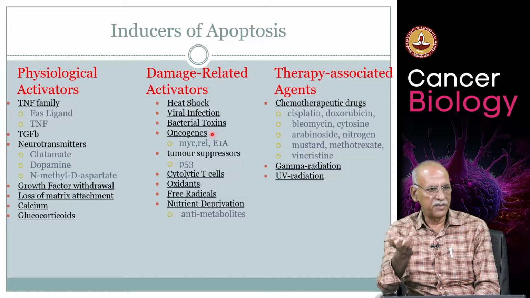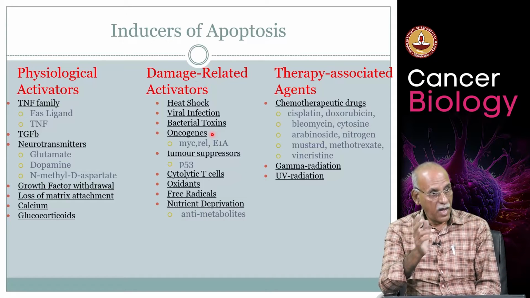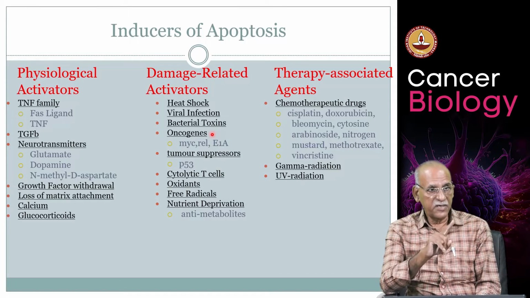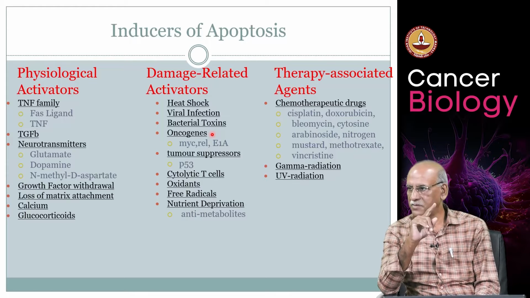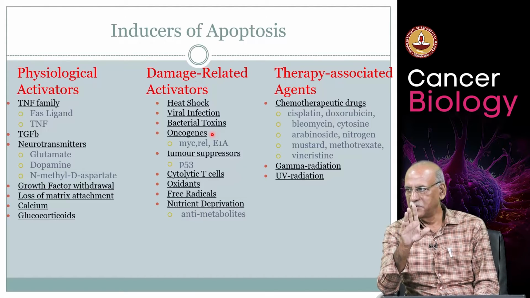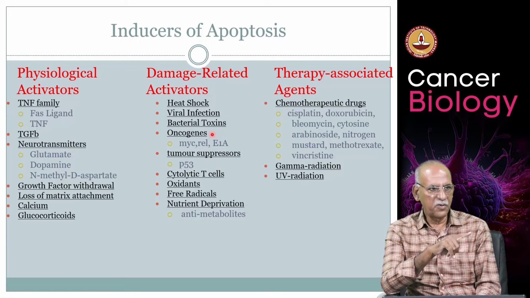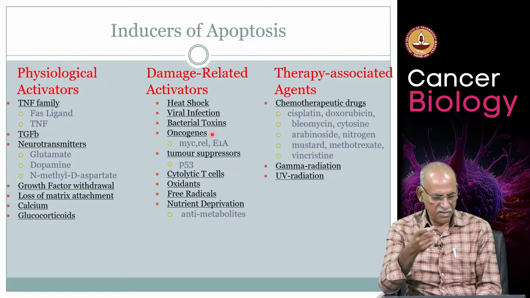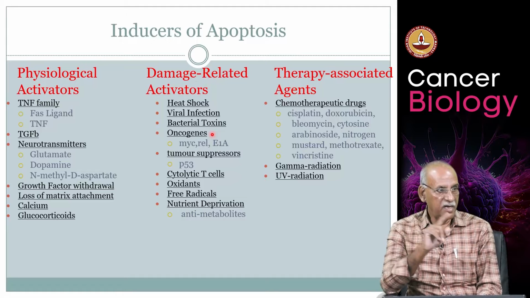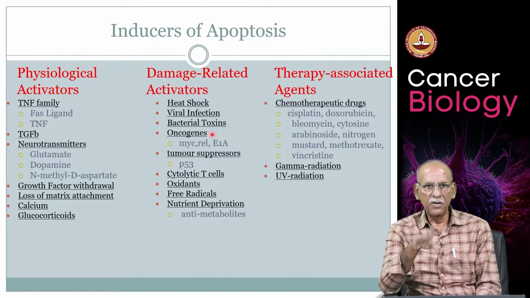I told you about this. However, when you overexpress a particular oncogene, it will actually induce apoptosis, which it is not supposed to do, right. It is supposed to promote growth. Here it is inhibiting growth, rather it becomes cytotoxic and it kills the cells. So, you have to understand that.